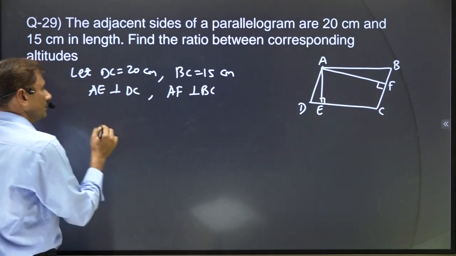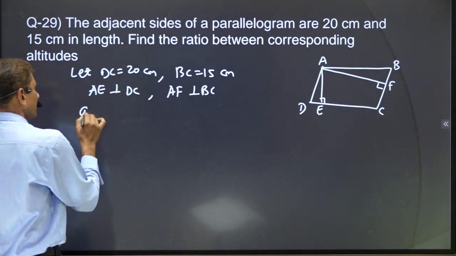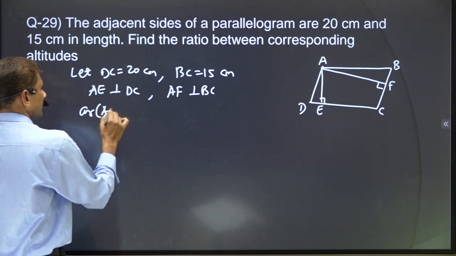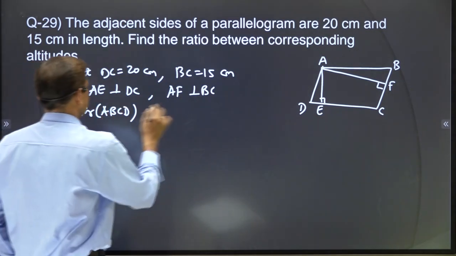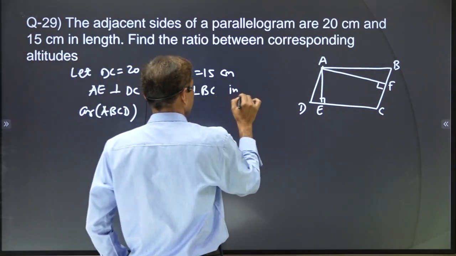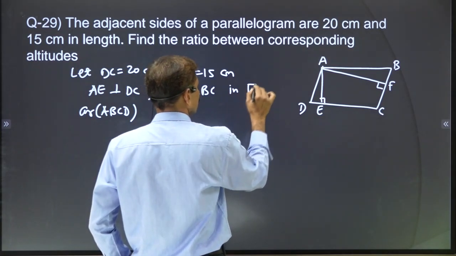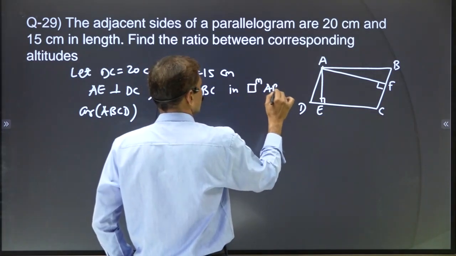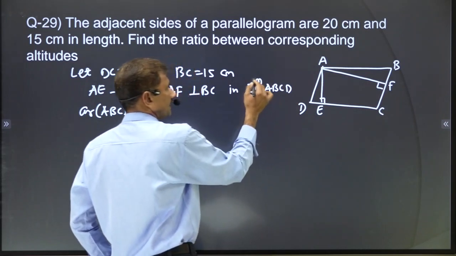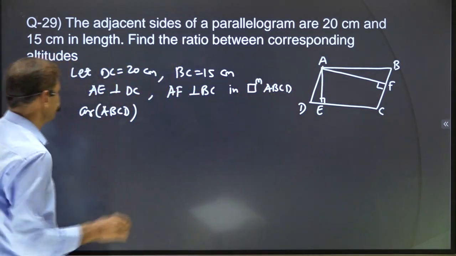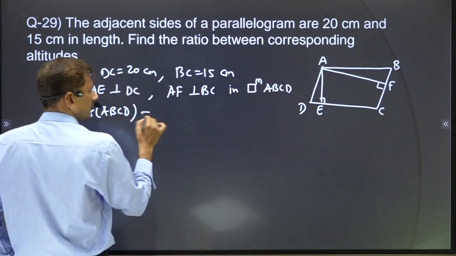Now you know the area of parallelogram formula according to our supposition. Now write in parallelogram ABCD, this is the symbol of parallelogram.